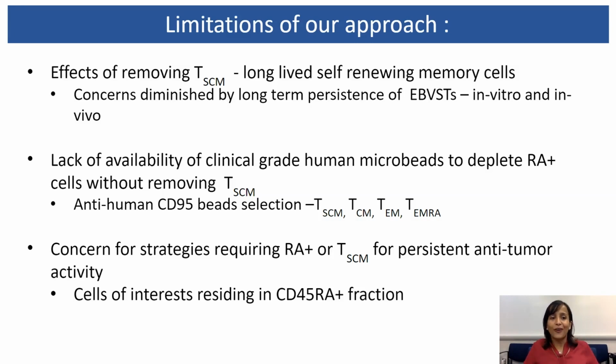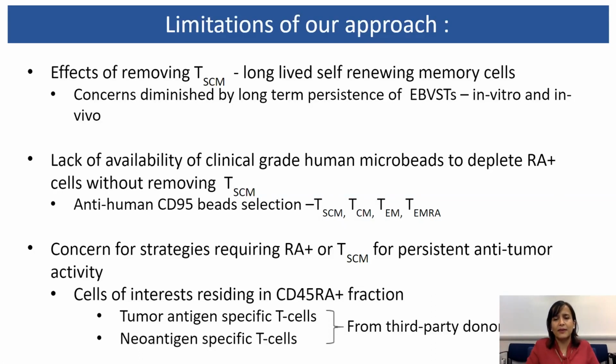Additionally, yes, our approach is highly applicable in generating virus-specific T cells and potentially tumor antigen-specific T cells, which we have not evaluated so far. But you do have to take some concern in strategies requiring RA-positive cells or TSCM for persistent anti-tumor activity, meaning that if your cells of interest are residing in the RA-positive fraction, then our strategy might not give you the best result that you would want for your antigen-specific T cells.